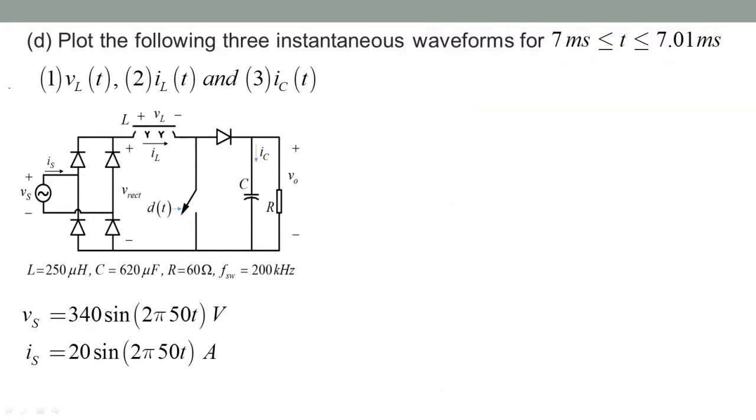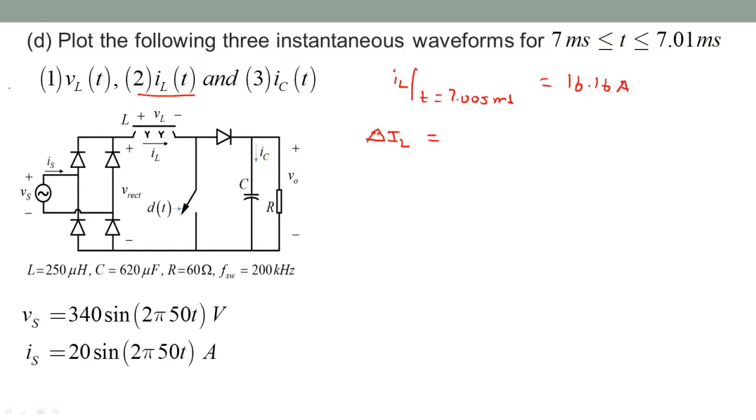Okay, the next waveform is the inductor current IL, and again we wrote in the previous slide that IL at t of 7.005 millisecond was 16.16 amperes, and we also need the delta IL information. This is boost converter, so you can use the VO D 1 minus D Ts equation, or even simpler, we already know the inductor voltage waveform, which we just drew in the previous slide.